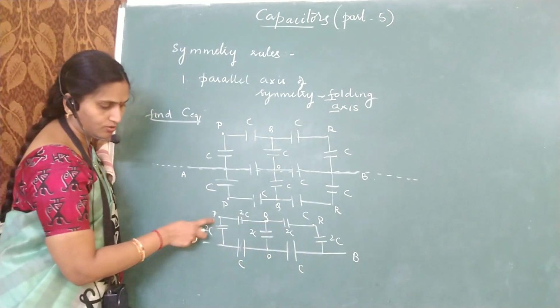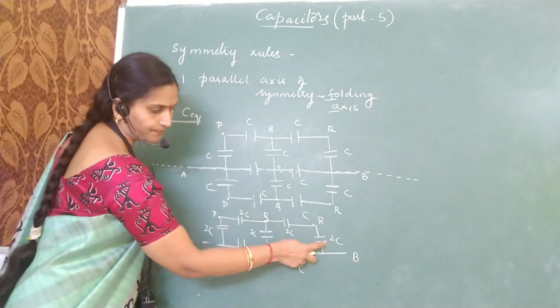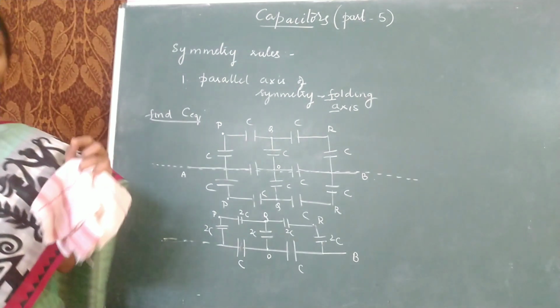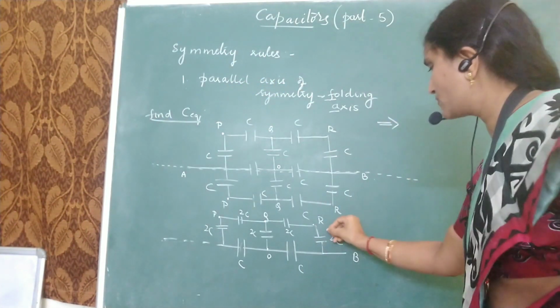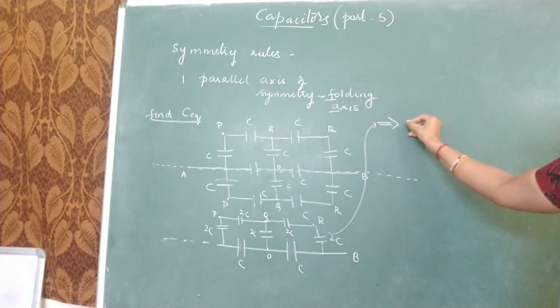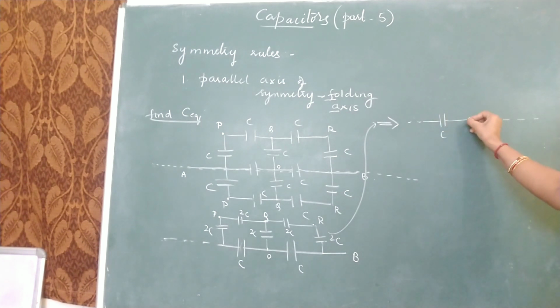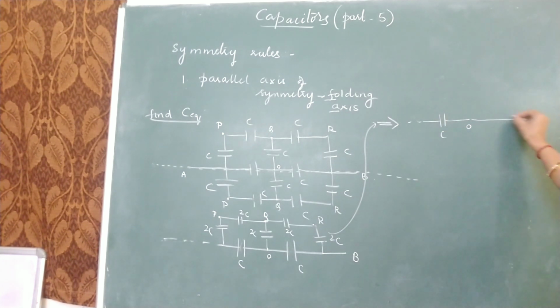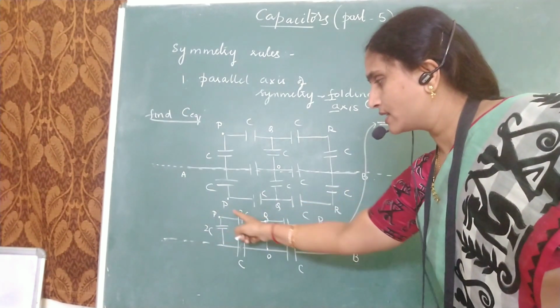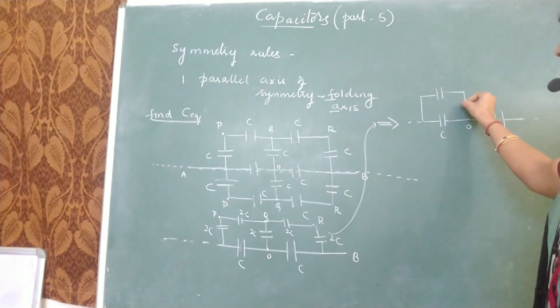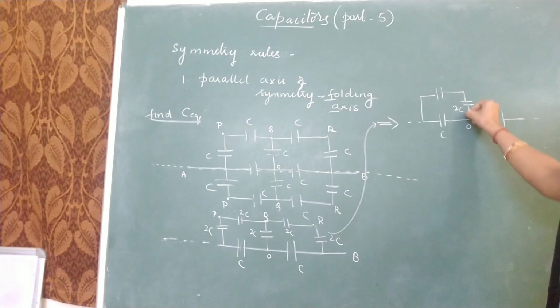Now we have got a circuit like this. You can clearly see 2C and 2C are in series. If I write the next step of the circuit, how does it look? I am modifying it from this. This is your line AB. Across this line we have C. This is O. Here we have a capacitor C. Since 2C and 2C are in series, the answer will become C. Here I have 2C.